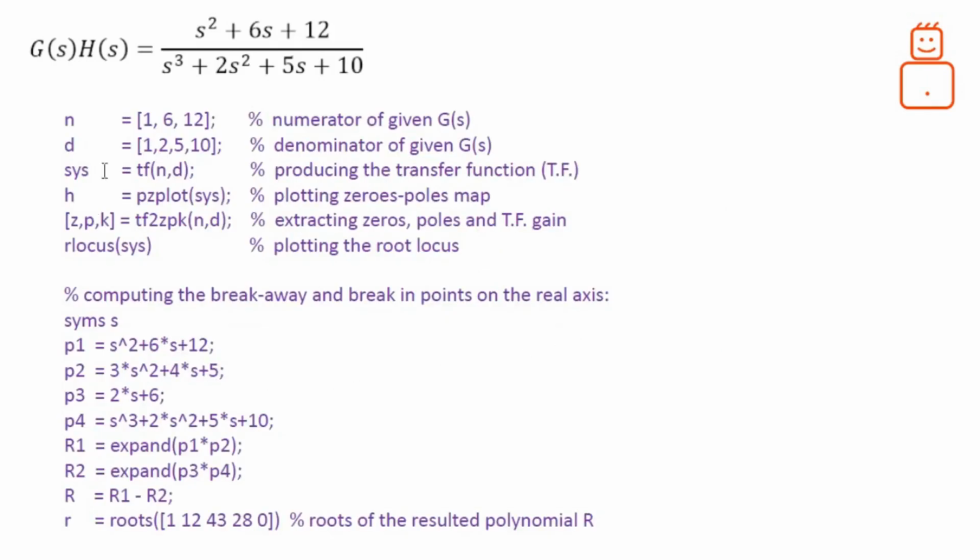For extra information, you may need to know the MATLAB code that has been used so far to assist us in drawing and computing some information for this root locus for this G of s. So here is the piece of that MATLAB code. It starts with finding the denominator of the given G of s, producing the transfer function, and then extracting the poles, zeros and gains of the transfer function, which was used in the first step.